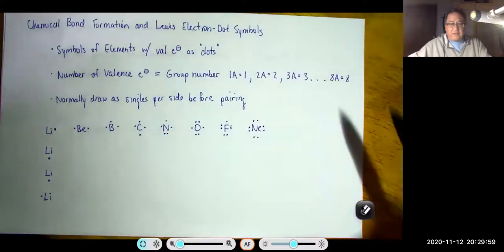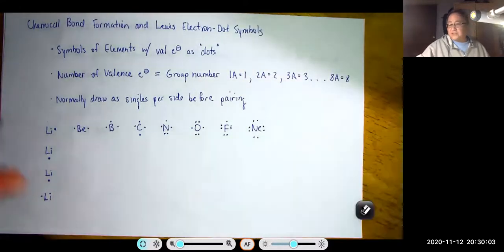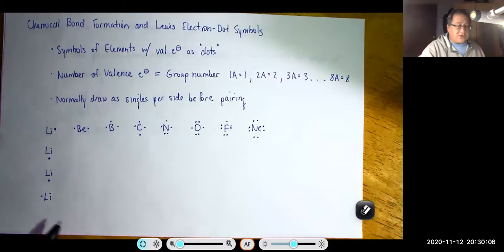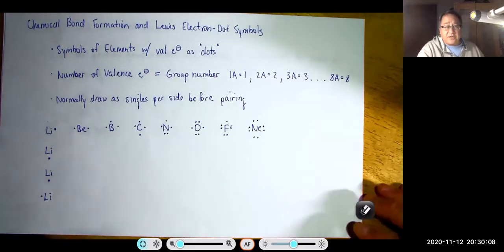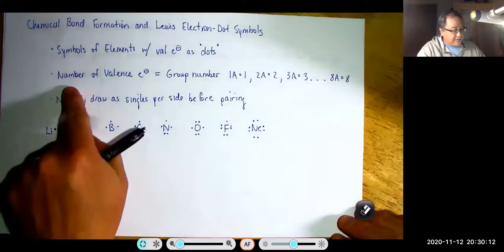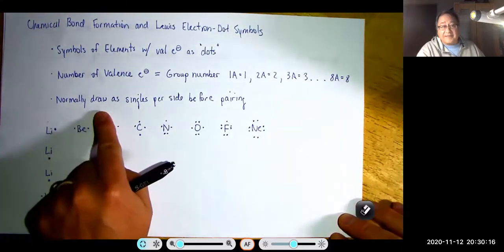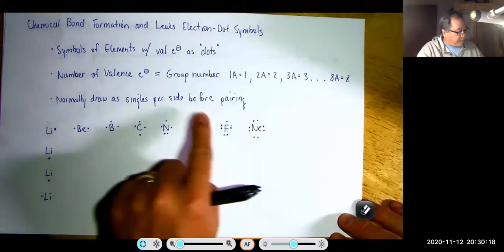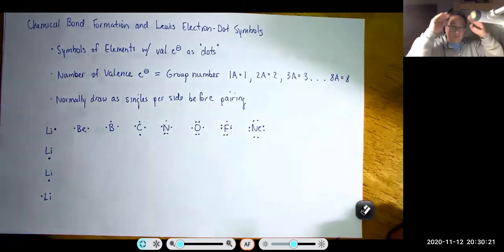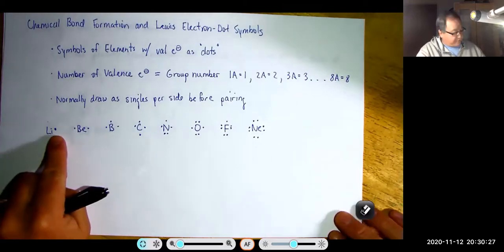Sometimes we find it useful to write electron dot symbols for these. For the electron dot symbol, you draw the valence electrons as periods or dots. Again, the number of valence electrons is equal to the group number. You normally draw the dots as singles on each side before pairing. So you pretend the element has 4 sides, top, bottom, right, and left, and you draw a dot on one side for the particular element.